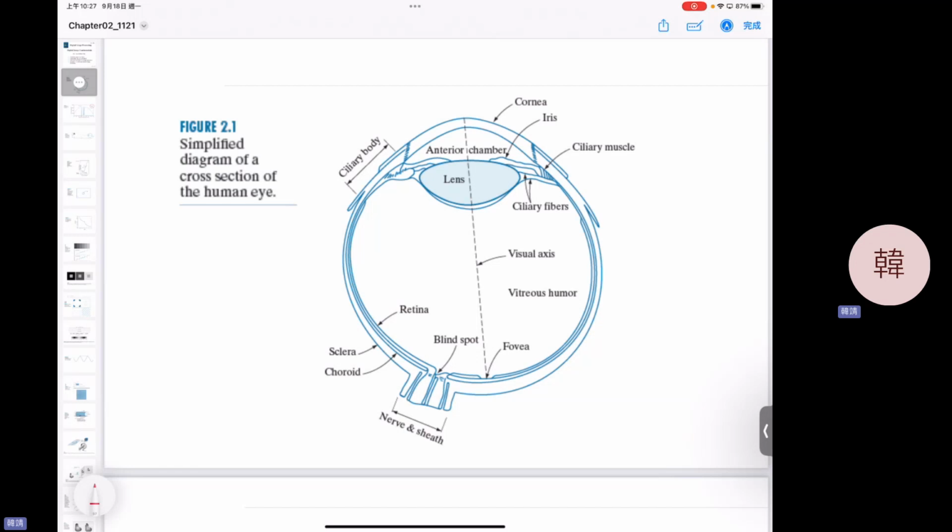So iris is like an automatic door to protect your eyes, and then the light penetrates through the lens. And when you're getting old, the lens will become yellow. Like me, I already changed my lens. Okay, from watching too much computer. So please protect your eyes when you are young.